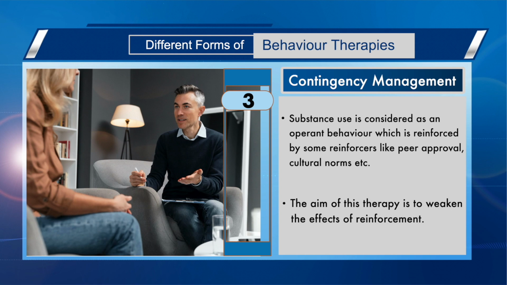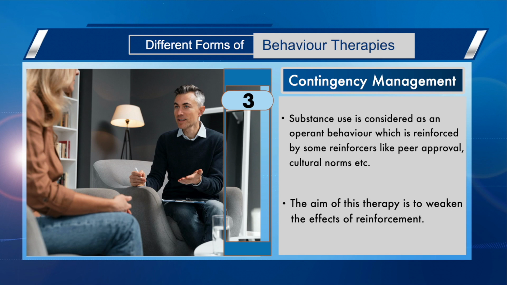It may involve monetary based reinforcers, token economy or voucher based treatment. For example, when the subject goes to the clinic, his urine sample is taken, and if there is no alcohol in the urine, the subject is given a token of, suppose, a value of 100 rupees or 50 rupees.